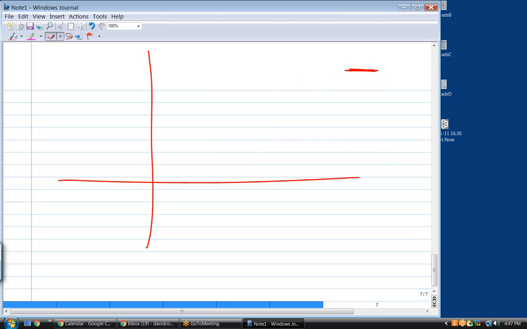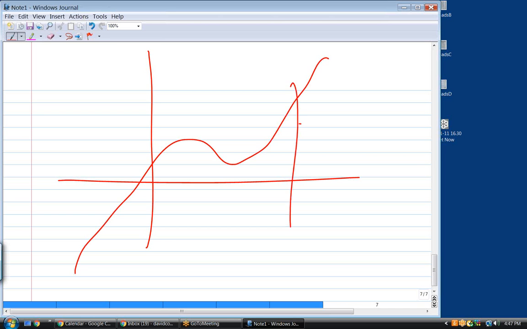Sometimes, if you get into higher degree polynomials, let's say a cubic that looks something like that, well, now in this range we have a local maximum, and we also have a local minimum. But only if I'm referring to a very narrow range.